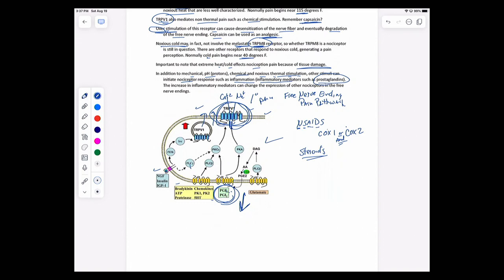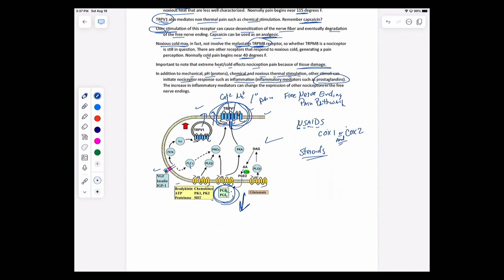Steroids being steroids, they're actually going to go in and alter the ability for genes to be making various key factors, proteins, enzymes, and such, which then in turn interferes with the production of all these cytokines.